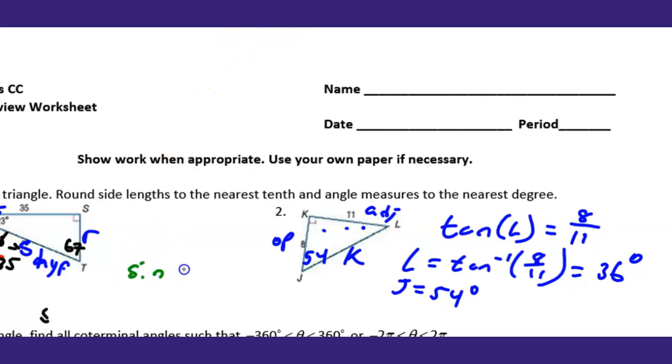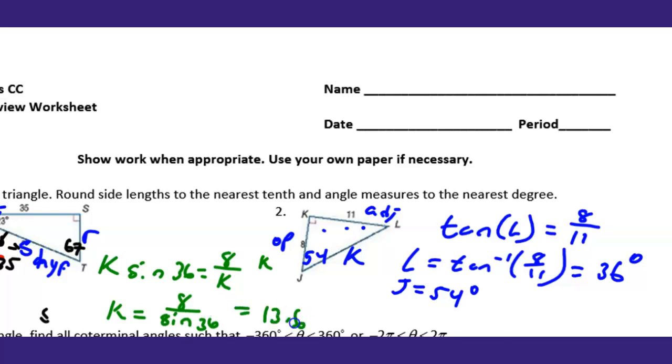Sine of 36 equals opposite over hypotenuse, which is K. If you multiply by K on both sides and divide by sine, you get K equals 8 divided by sine of 36. Doing so, we get 13.6. So K equals 13.6.